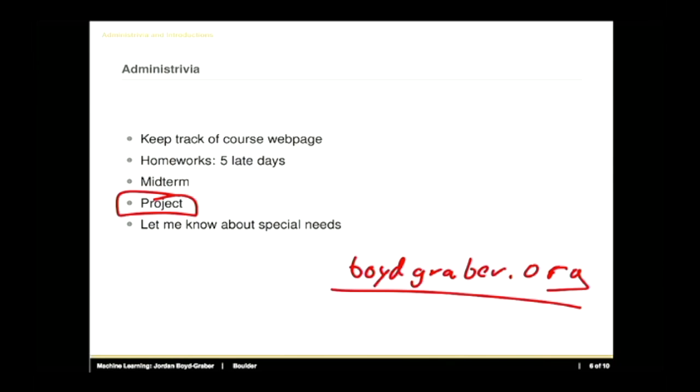If you have special needs in terms of accommodations, in terms of religious observations, in terms of learning needs, or in terms of physical access, please do let me know at the beginning of class in the first week of the semester so that we can make sure that you're taken care of.